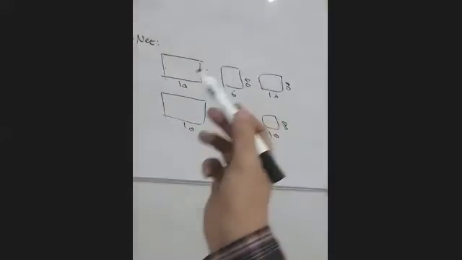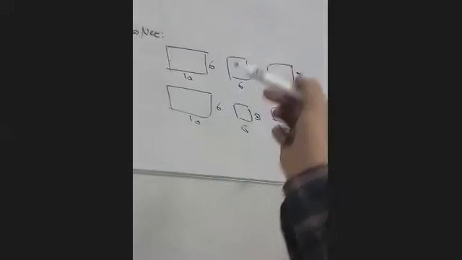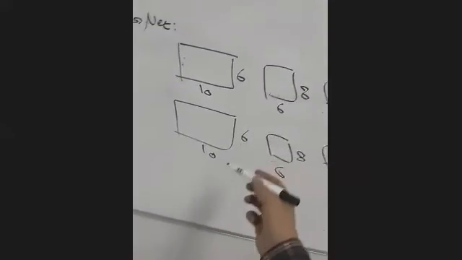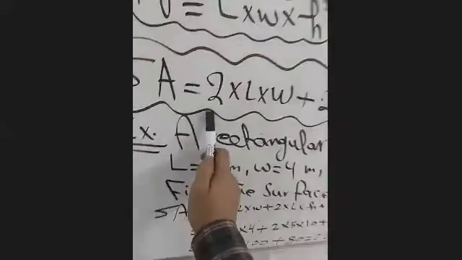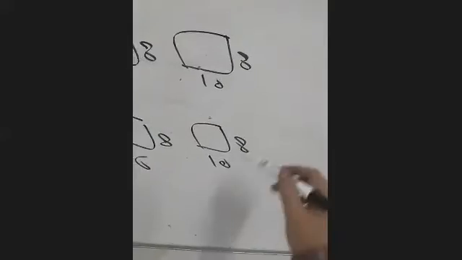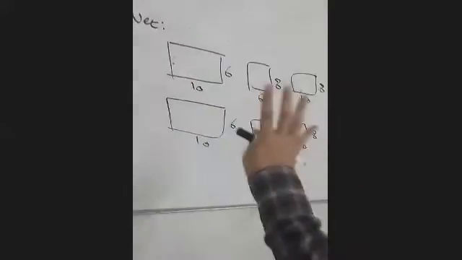If you make the net, you have 2 similar faces, 10 by 6, 10 by 6. That's why I multiply by 2 here. Two similar faces, 6 by 8, 6 by 8. That's why I multiply by 2. Two similar faces, 10 by 8, 10 by 8. Got it? So this is what we call a net.